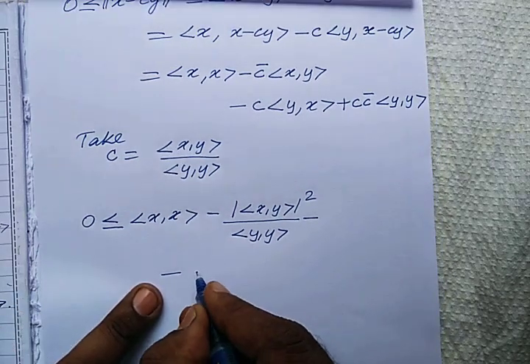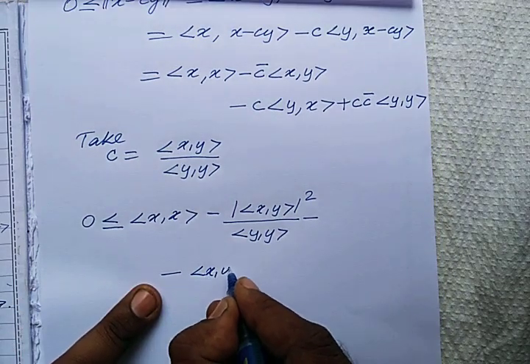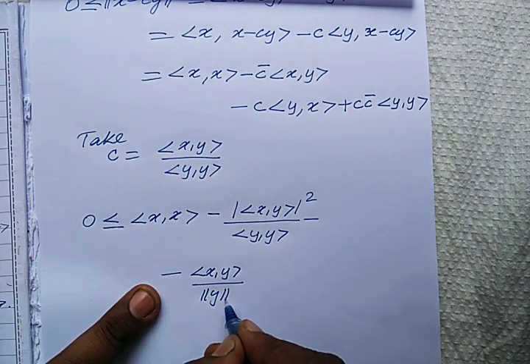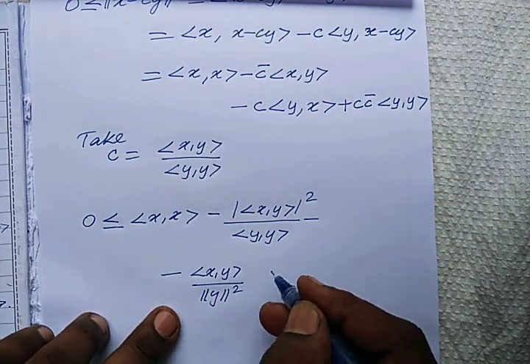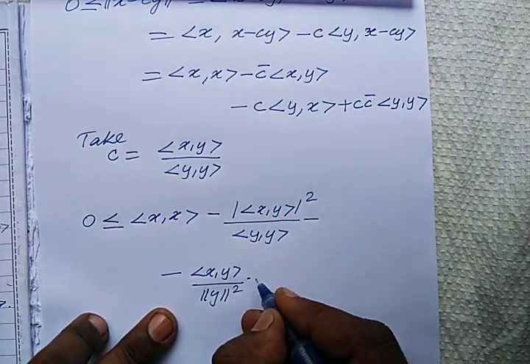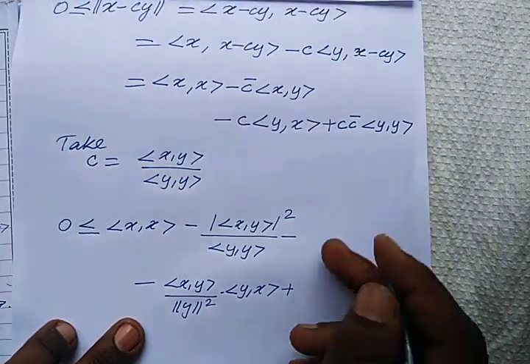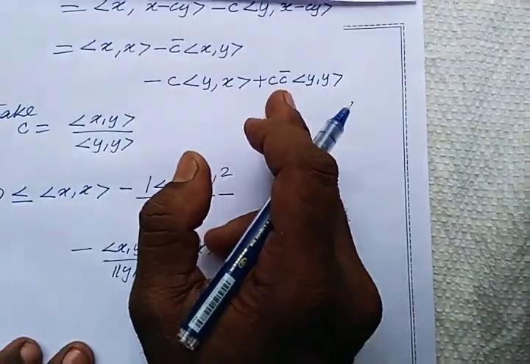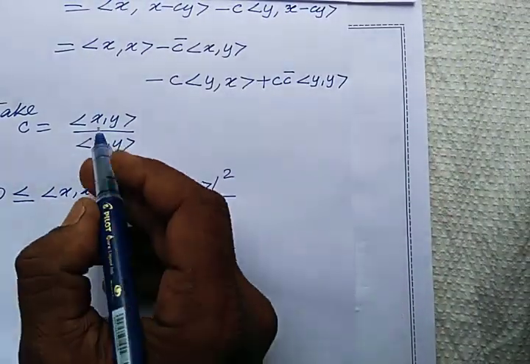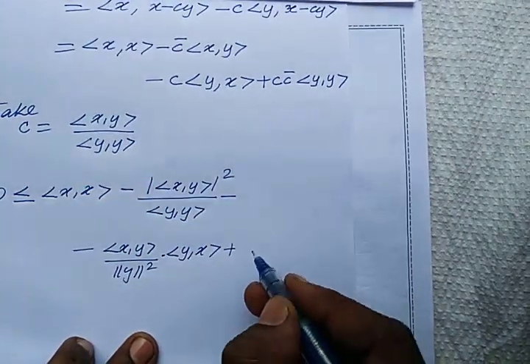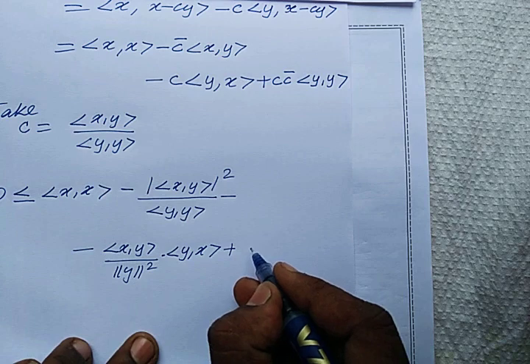c is the inner product of x comma y divided by norm y square, times the inner product of y comma x, plus c bar. c means the inner product of x comma y, and c bar means the inner product of x comma y the whole bar, which is the inner product of y comma x.